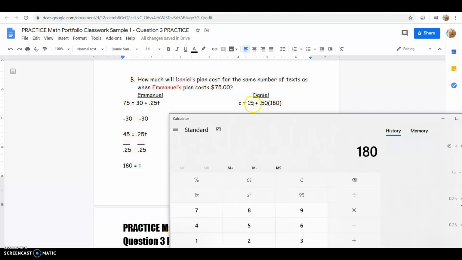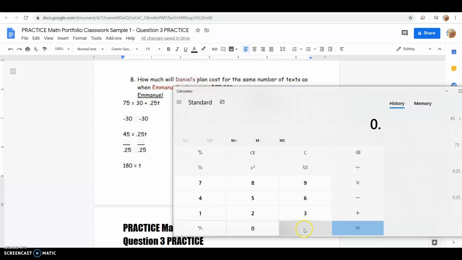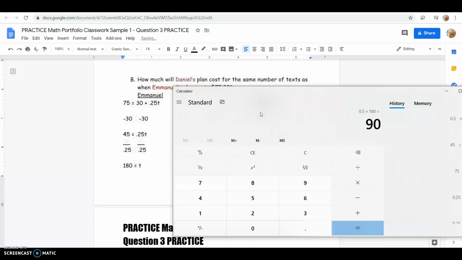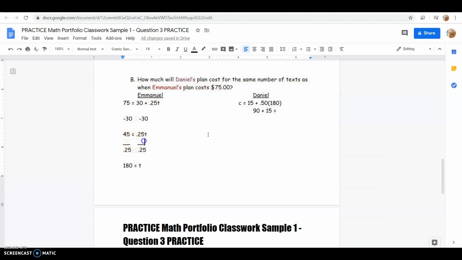That's first before addition. So you do 0.50 times 180, and that's equal to 90, plus 15 drops down, 105.